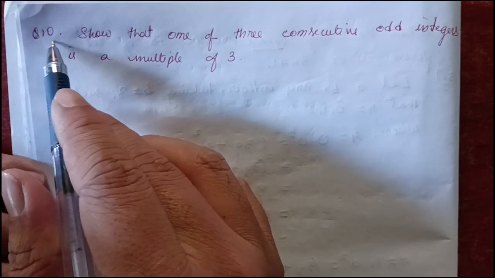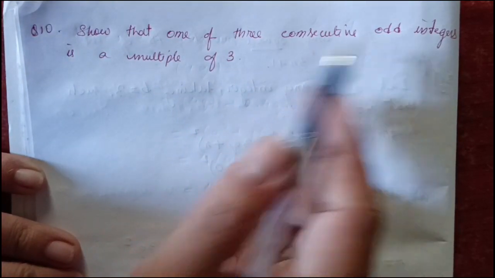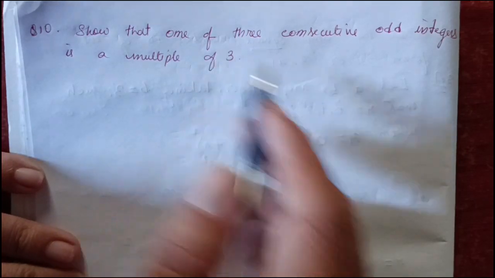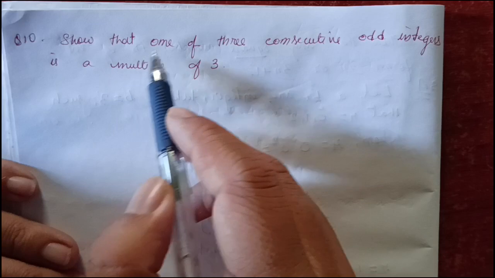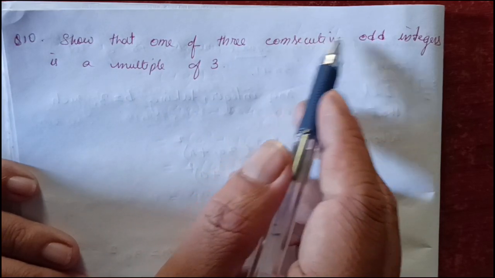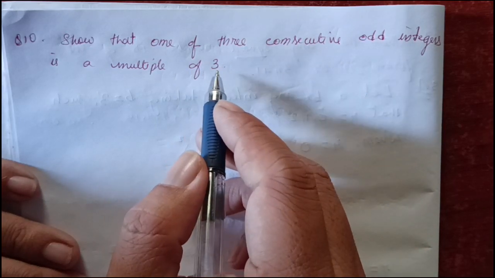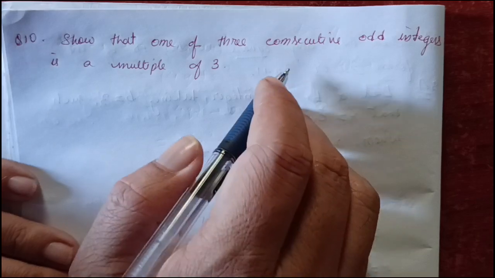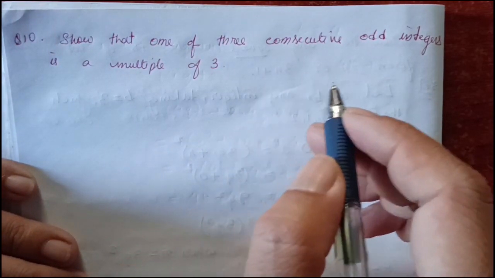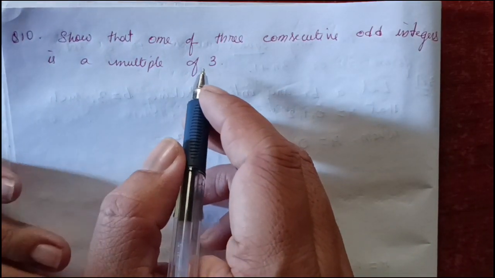Now in this question number 10, show that one of three consecutive odd integers is a multiple of 3. So we are going to find out that one of those three consecutive odd integers is a multiple of 3.